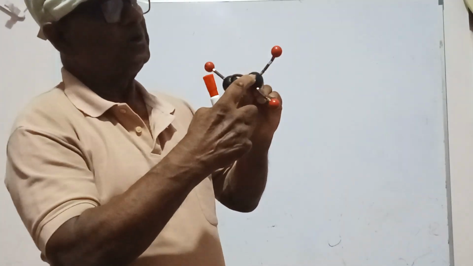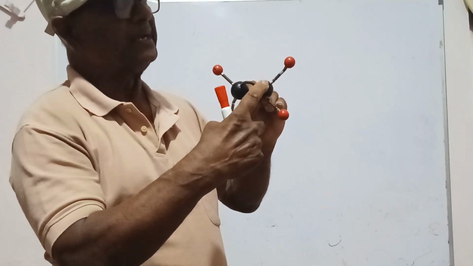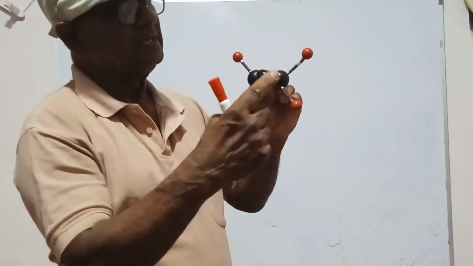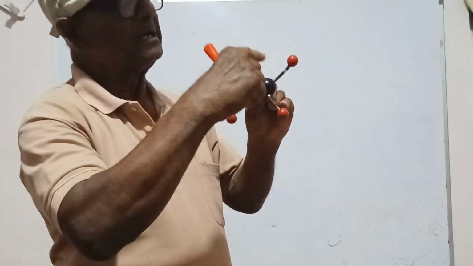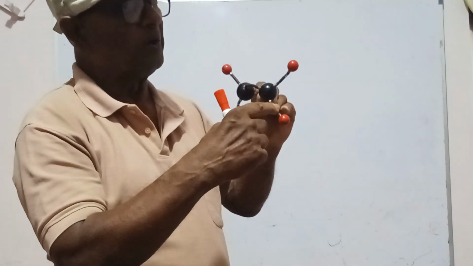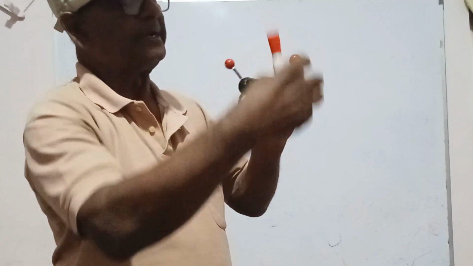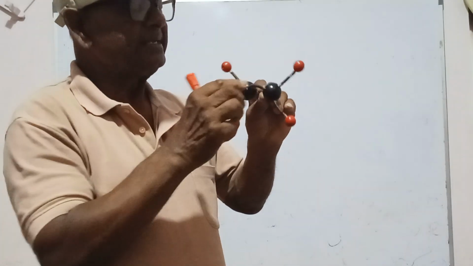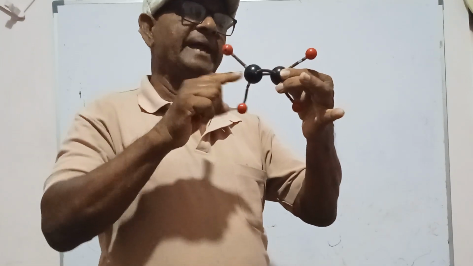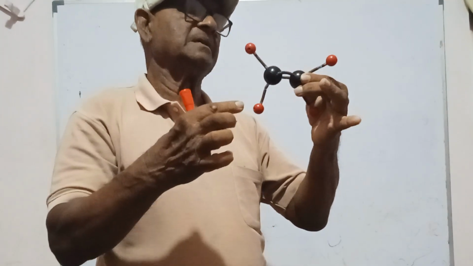Similarly, here also the sp2 hybridized carbon atom forms two sigma covalent bonds with two hydrogen atoms. Then these two are sp2 hybridized carbon atoms.